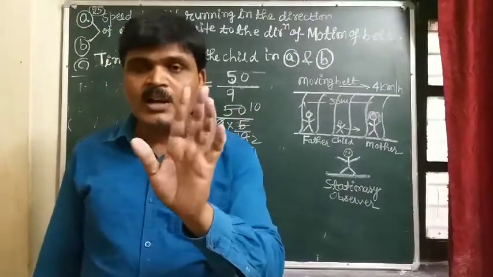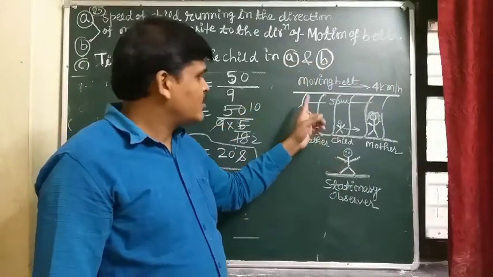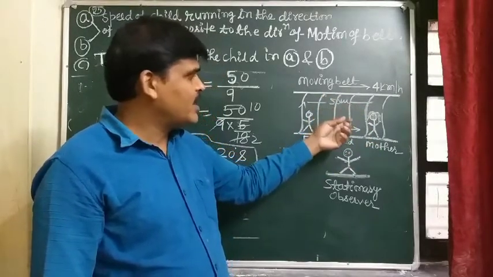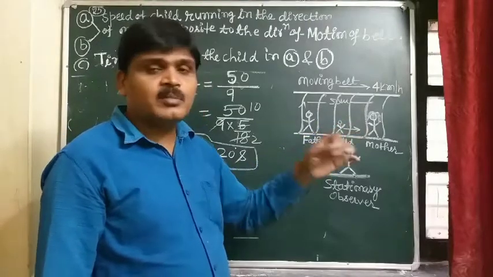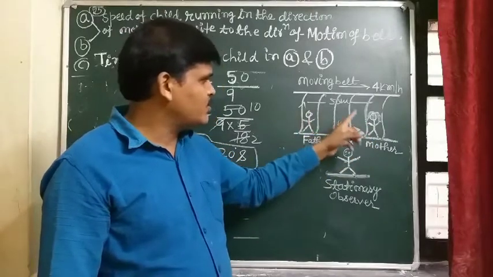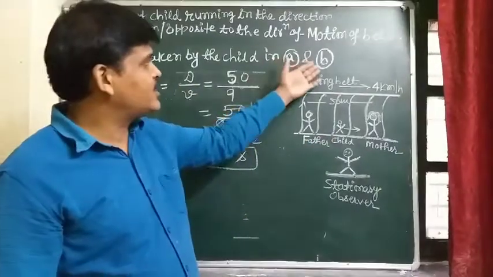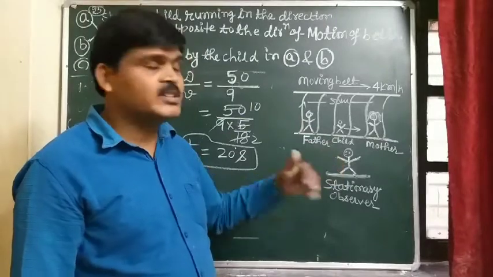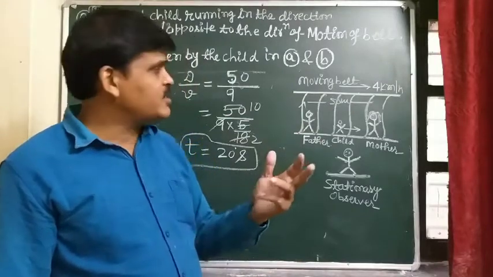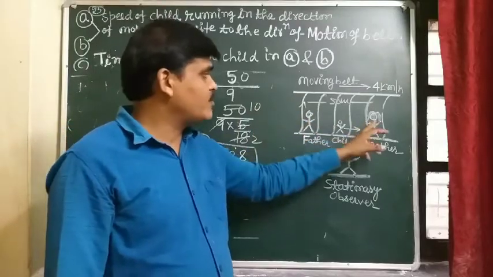Answers A and B will be altered, because the parents, father and mother, are located on the same moving belt, and the speed of the child from mother side to father side or father side to mother side will remain 9 kilometer per hour, whereas in case A and case B, as observed by the observer from outside, it is 13 kilometer per hour and 5 kilometer per hour.